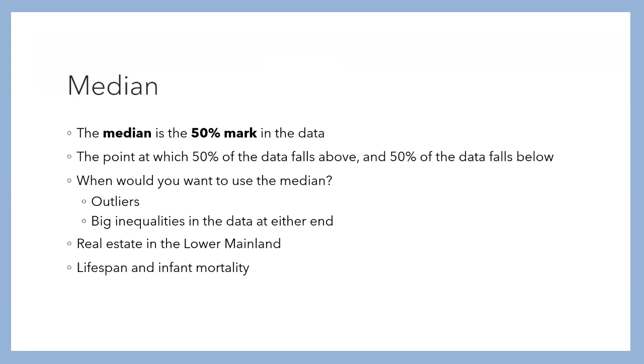So examples of this include real estate values in the lower mainland, which are horrible, lifespan, and infant mortality rates. However, I would encourage you to report both the mean and the median of your data in your results section.